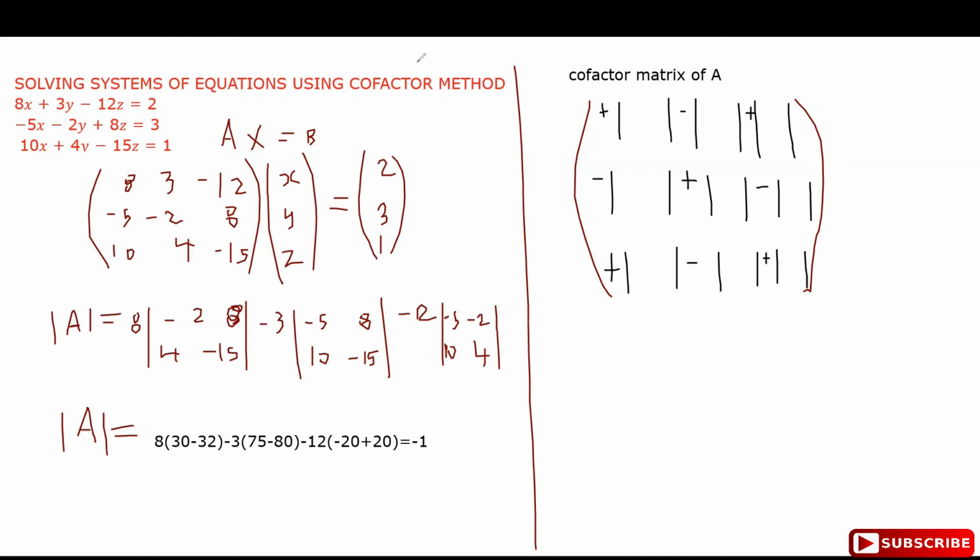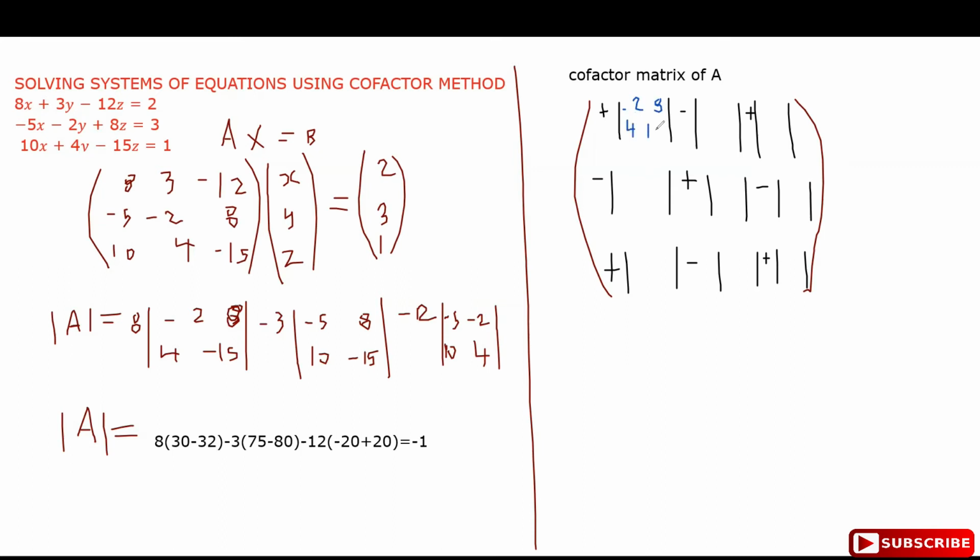These are all the cofactor signs. So the cofactor for 8 is minus 2, 8, 4, minus 15.